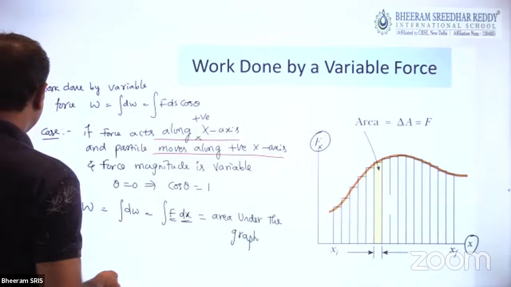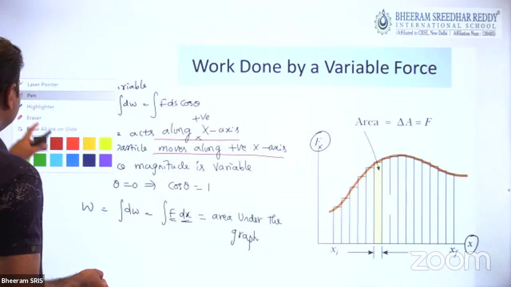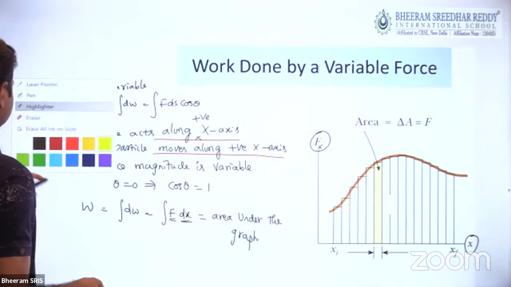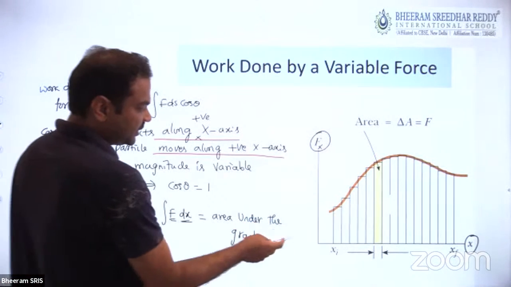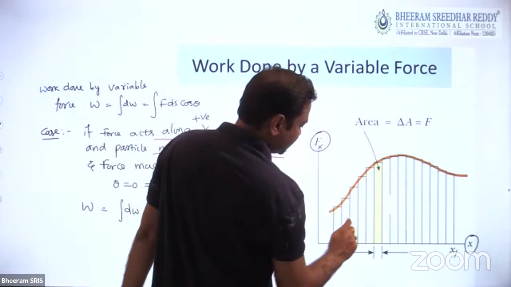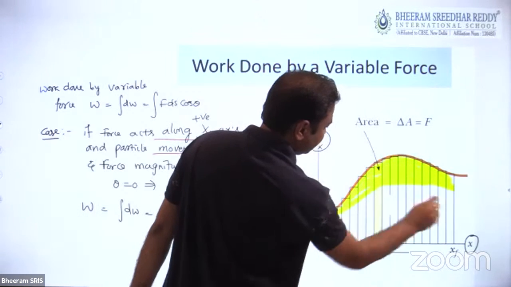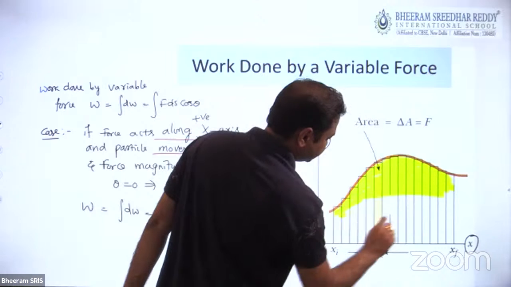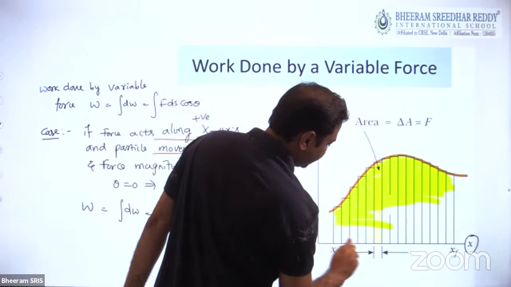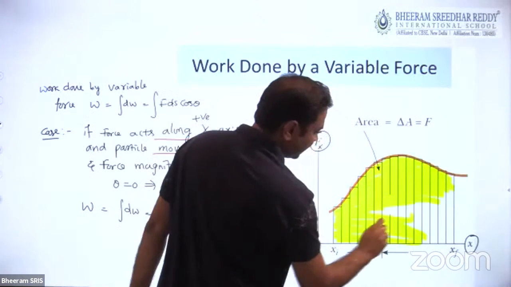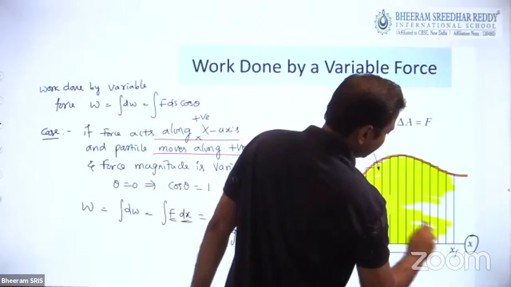So what is the work done? Work done in moving the object from initial position to final position is the area below the graph. If you calculate the area value, you can find the work done value. So area value is equal to work done only.